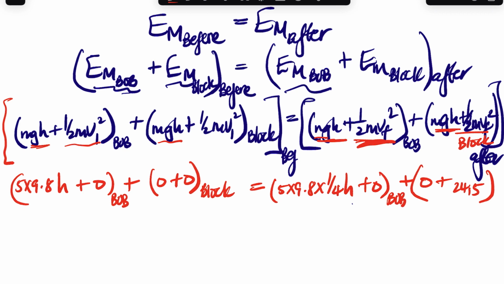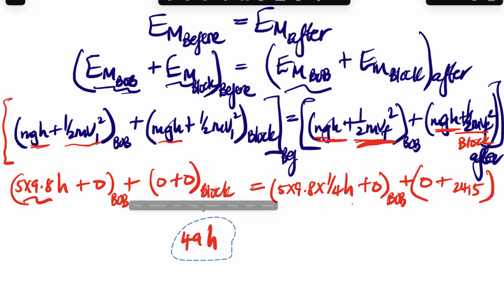So it's going to be 4 times 5, 4 times 9.8, 5 times 9.8, it's 49h. That's all you have on this side. Let's move to here. It's going to be equal.